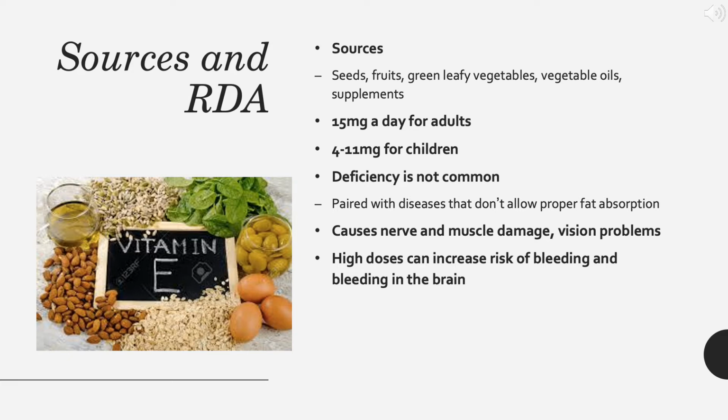However, some of the complications that can occur are nerve and muscle damage as well as vision problems. And then if you are getting too much vitamin E, which is a lot, it messes with the coagulation of your blood and can risk bleeding in the brain, which can ultimately cause a stroke and death.